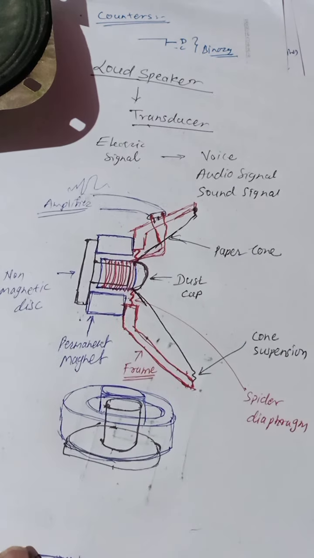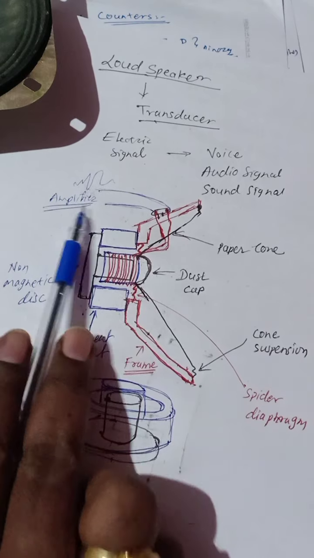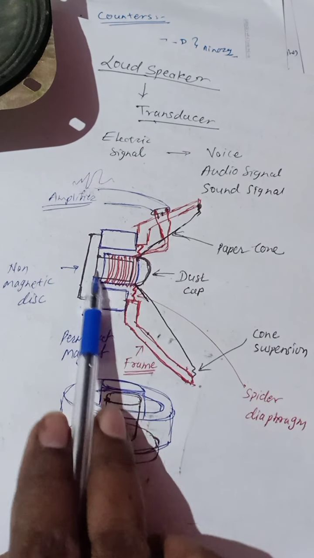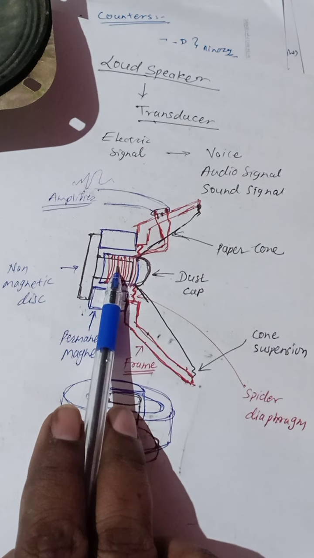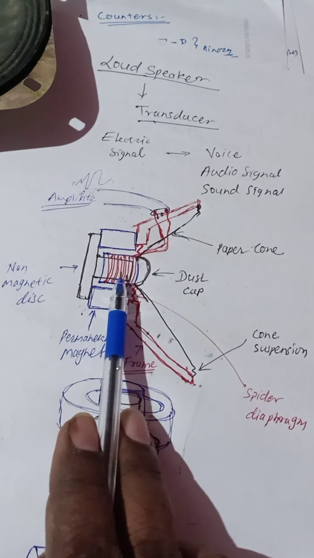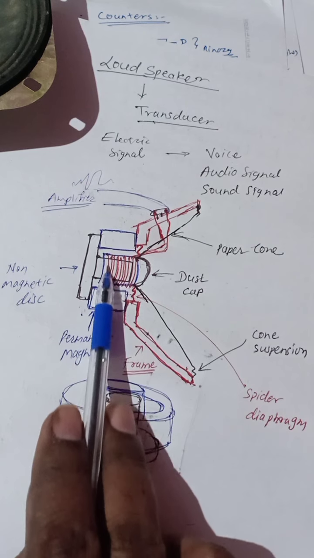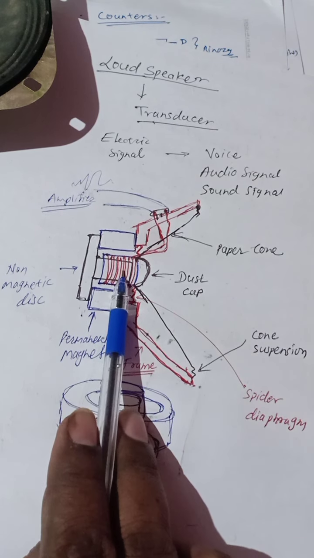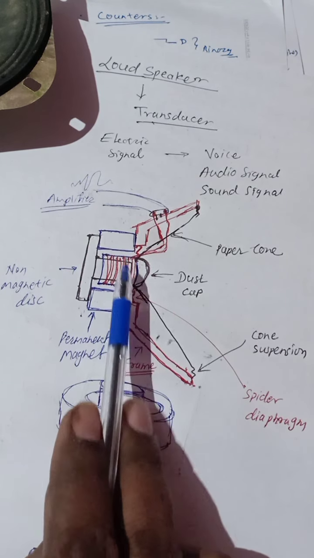Okay, then what happens? As the amplifier output is connected to this speaker and current flows through the coil, you very well know that as the current flows through the coil, it generates a changing magnetic field at the coil.